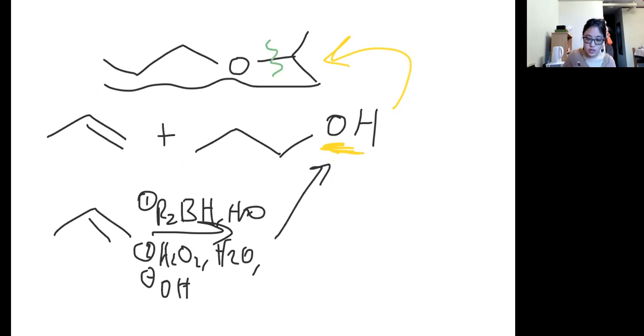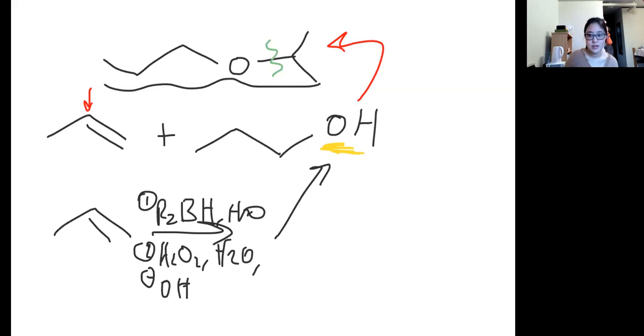And then we could just add these two together using what reaction do you guys think? Because it's adding Markovnikov because it's adding here. So what could we possibly use? Any thoughts?